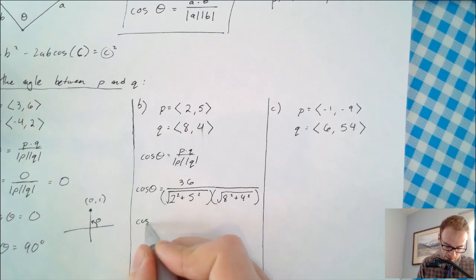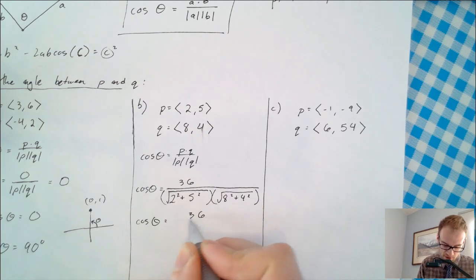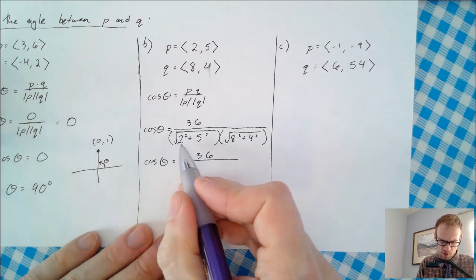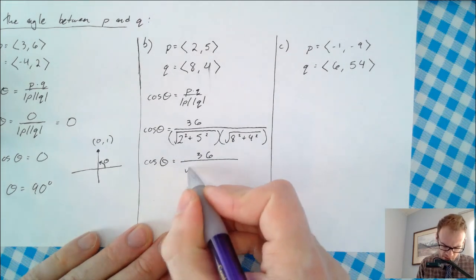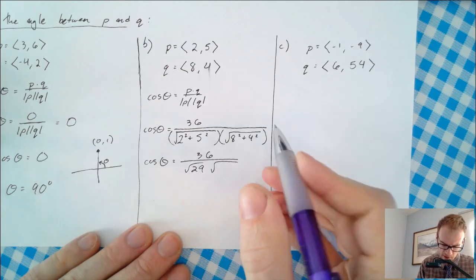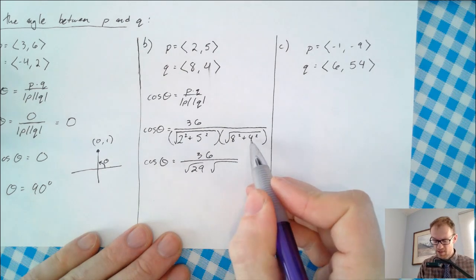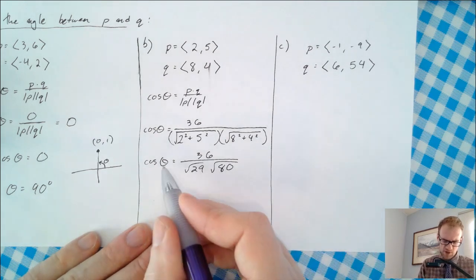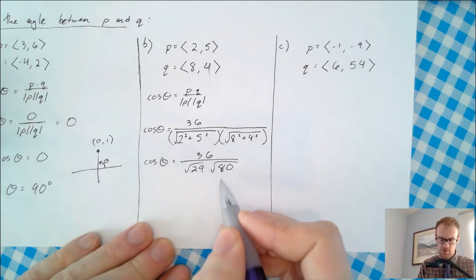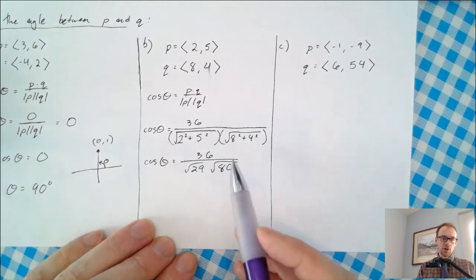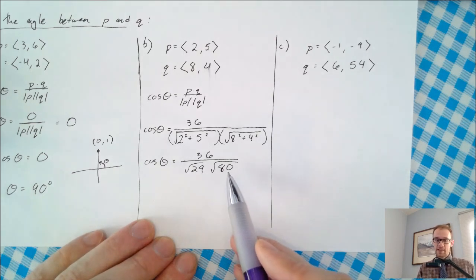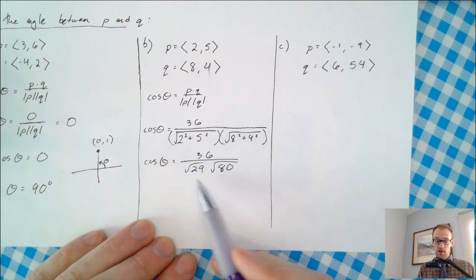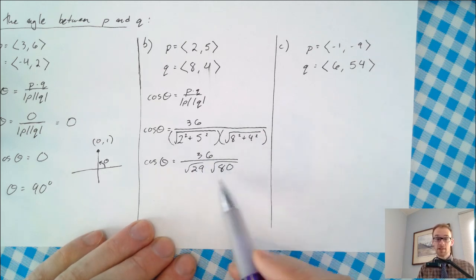Okay, so cosine theta equals 36 over the square root of 4 plus 25, which is the square root of 29, times the square root of 64 plus 16, which is the square root of 80. Okay, cosine of theta is 36 over root 29 times root 80. Now, we could multiply the 29 and the 80, and then we could rationalize our denominator to get this thing in simplest radical form to leave it precise.